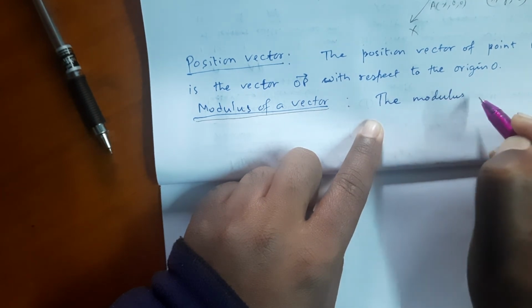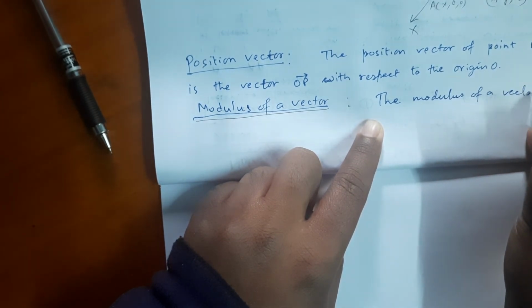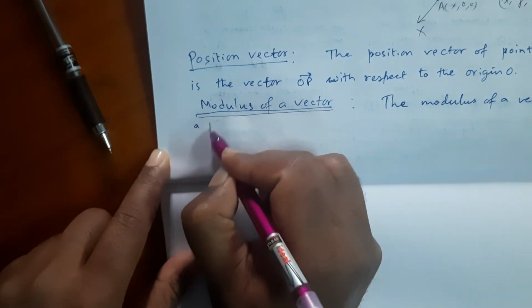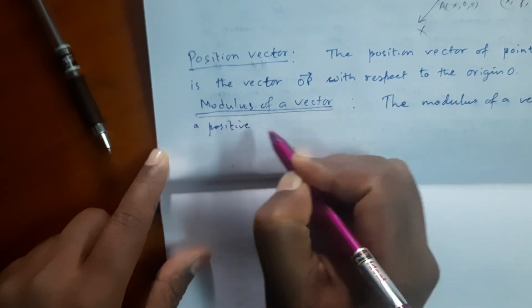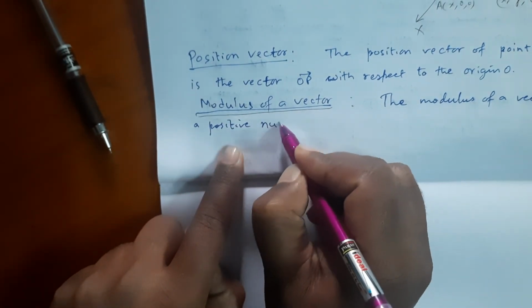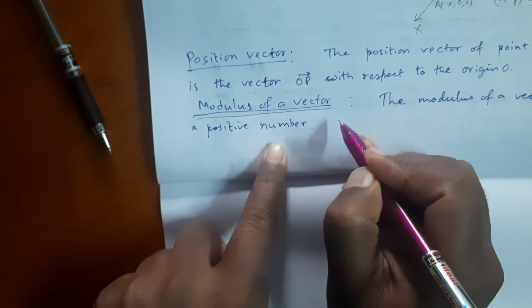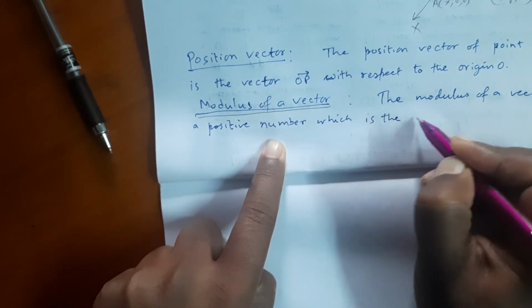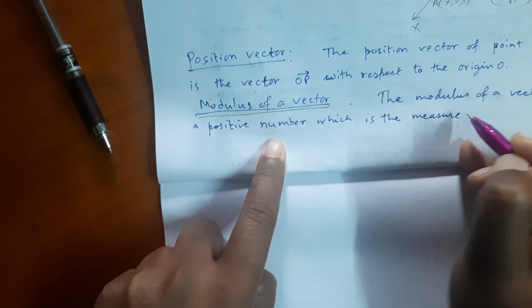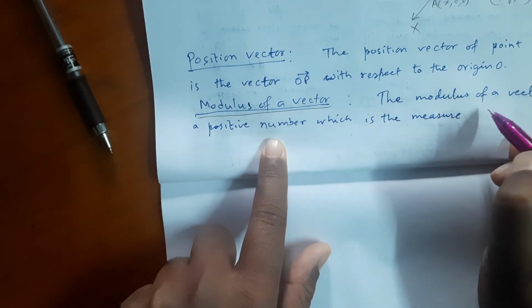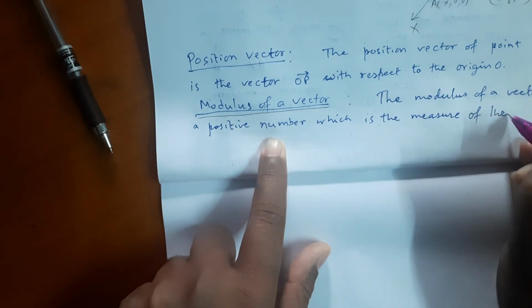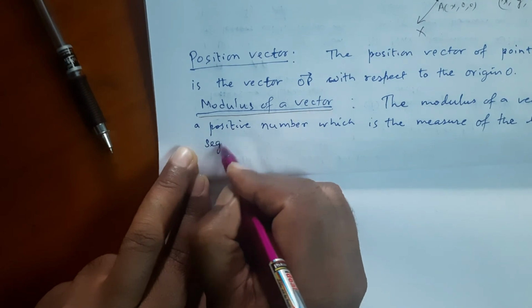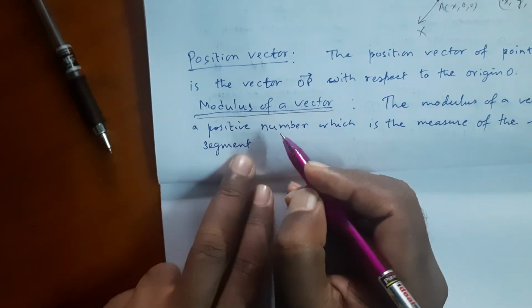The modulus of a vector is a positive number which is the measure of the line segment representing that vector.